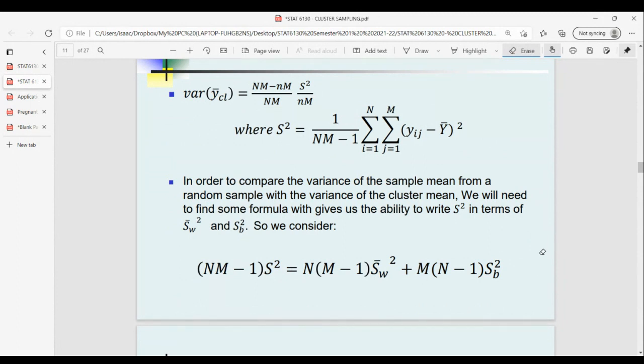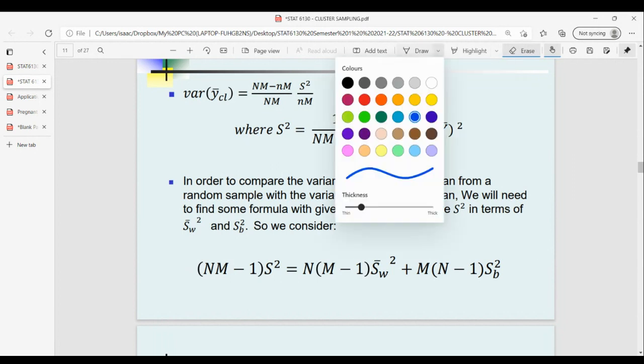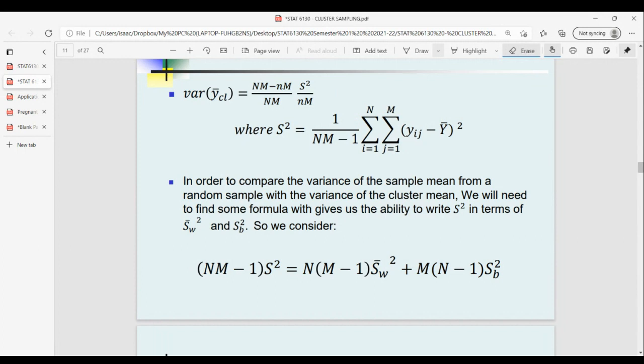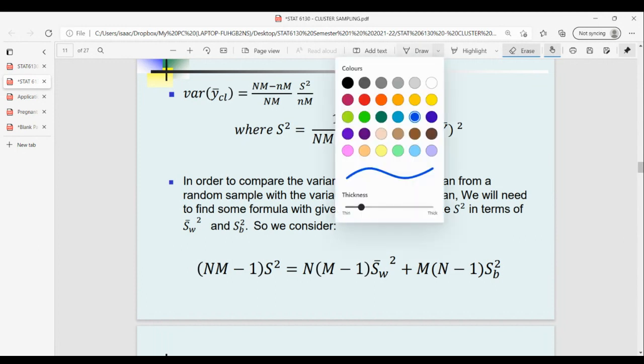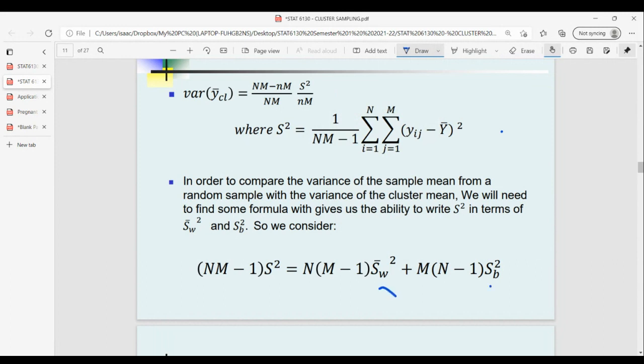Now, when I say break it up into little pieces, this is nothing more than what you would have done, maybe I'm just using this term, when you did an ANOVA table. I'm not saying that these things are sums of squares, but these are like mean squares, right? So B is between and W is within.